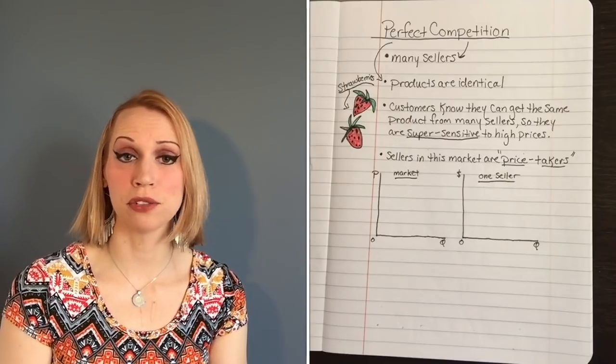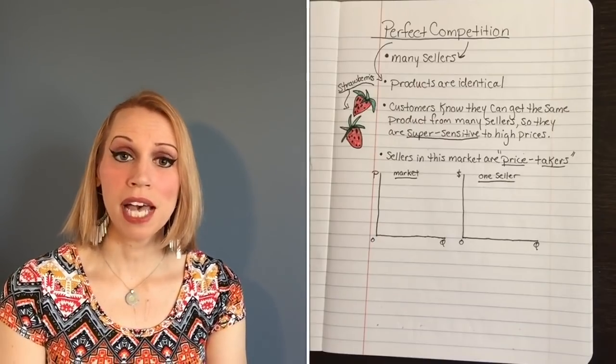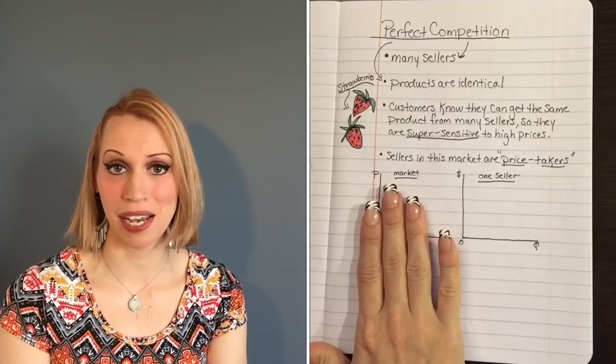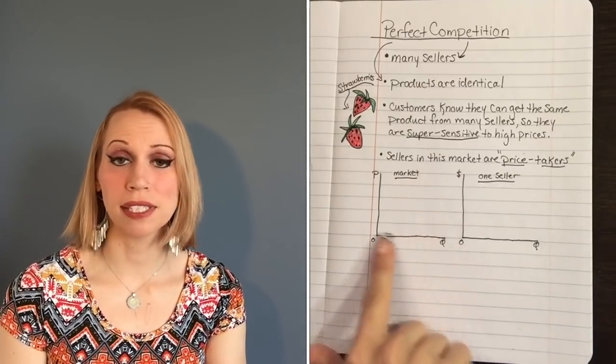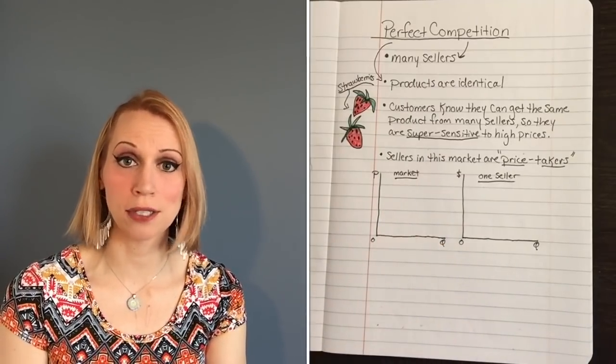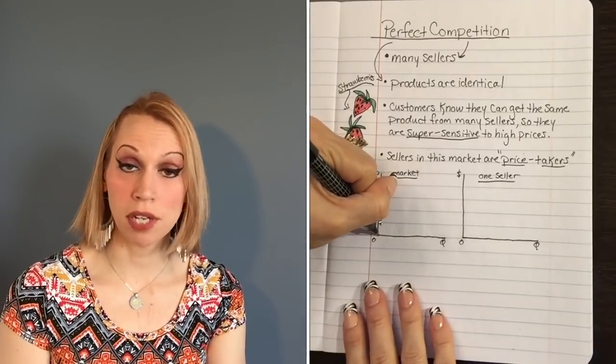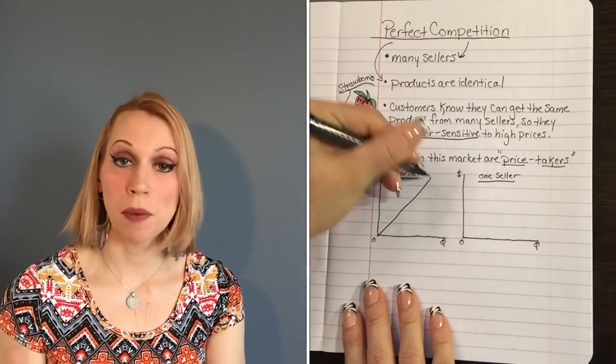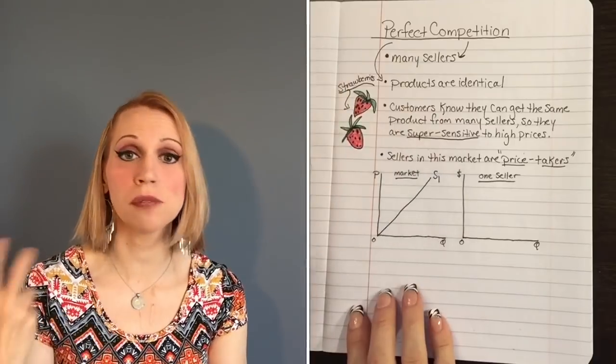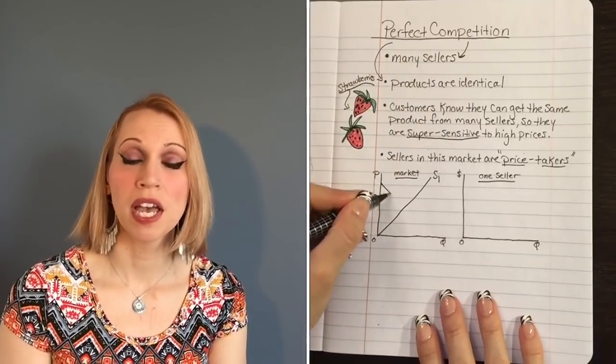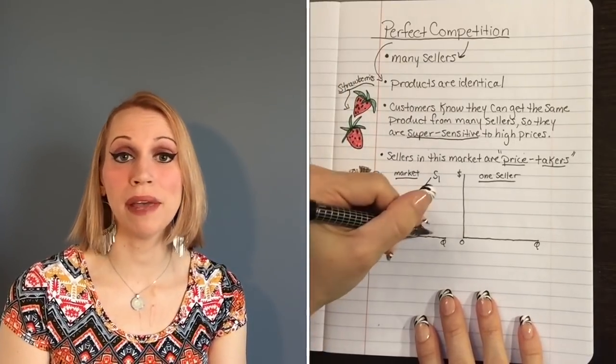I'm going to draw this picture for you right now. We're going to have 2 graphs side by side. The graph on the left is going to be the graph of the whole entire strawberry market. So we're going to have an upward sloping supply curve that represents all of the hundreds of suppliers in the strawberry market. And we're going to have a downward sloping demand curve.